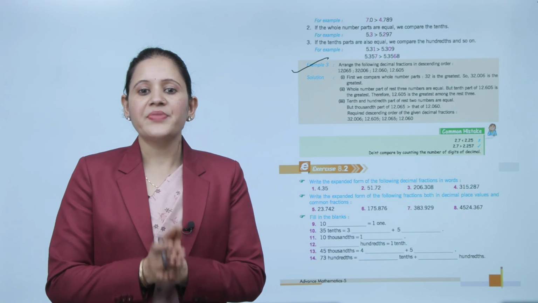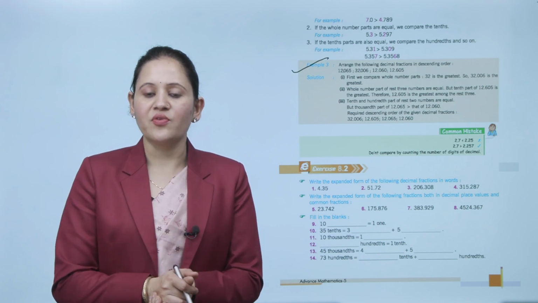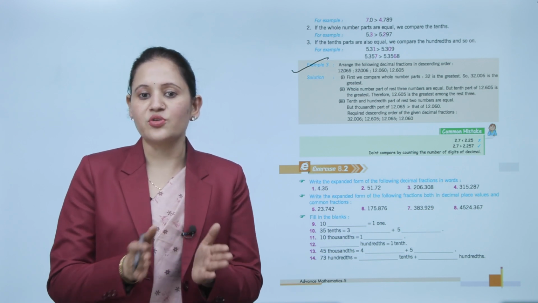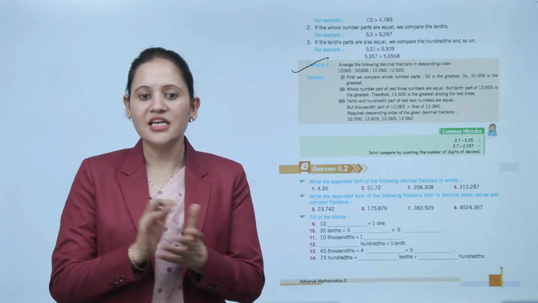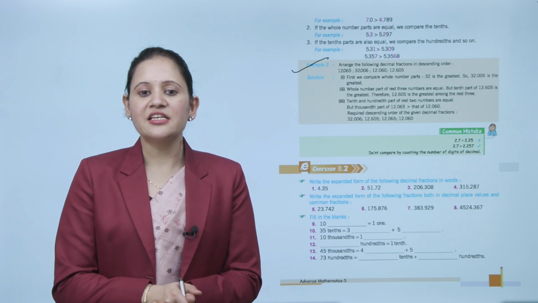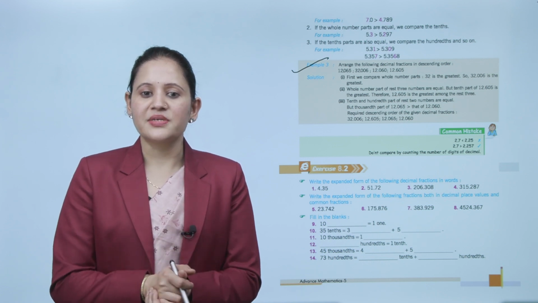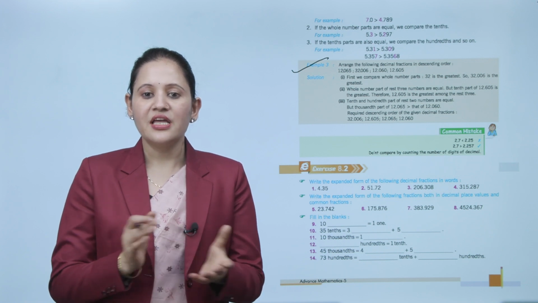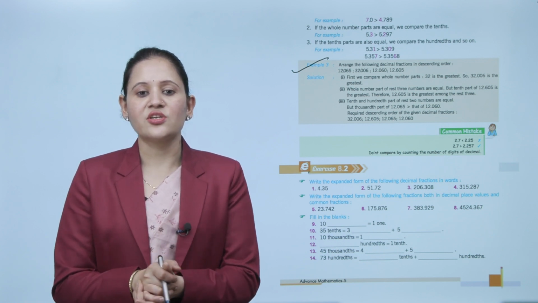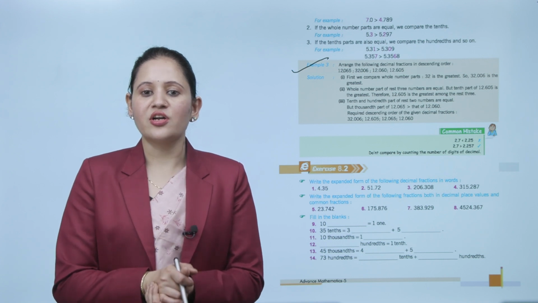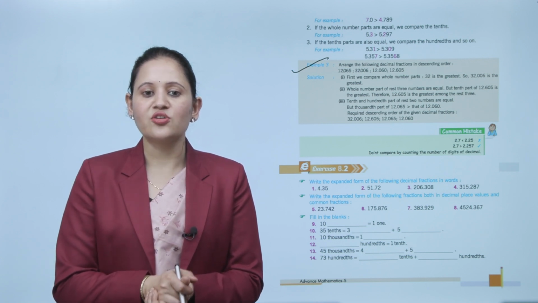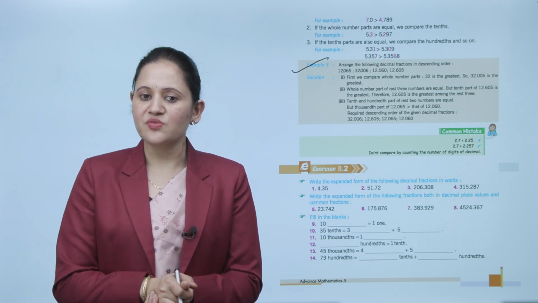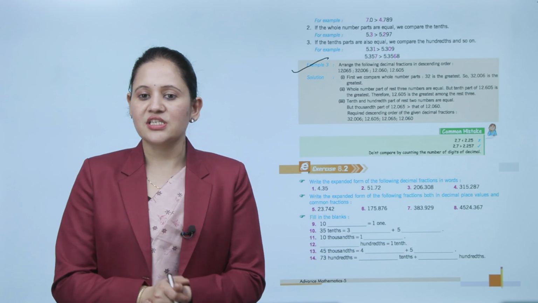In the whole number part, the rest 3 numbers are equal, but the tenths part in 12.605 is the greatest, therefore 12.605 is the greatest among the rest 3. Tenths and hundredths parts of the rest 2 numbers are equal, but the thousandths part in 12.065 is greater than 12.060. Required descending order of the given decimal fractions is 32.006, 12.605, 12.065 and 12.060.